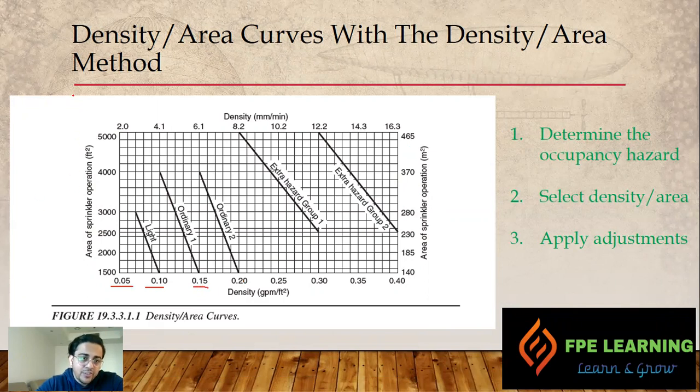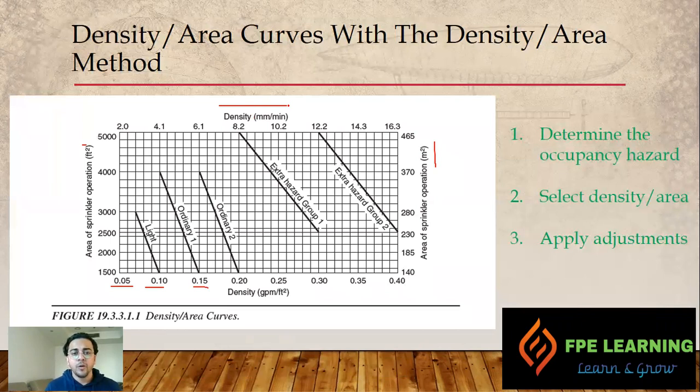On the y-axis, we have areas in square feet, right? It means the design area of the sprinkler system in square feet. Similarly, on the right hand side, we have the unit in square meters for the area of sprinkler operation, and at the top we have the density per minute, the other unit, right?